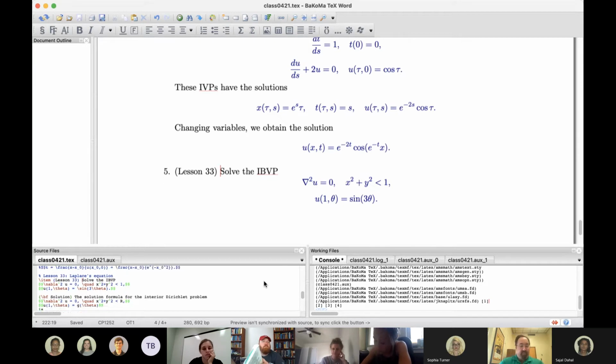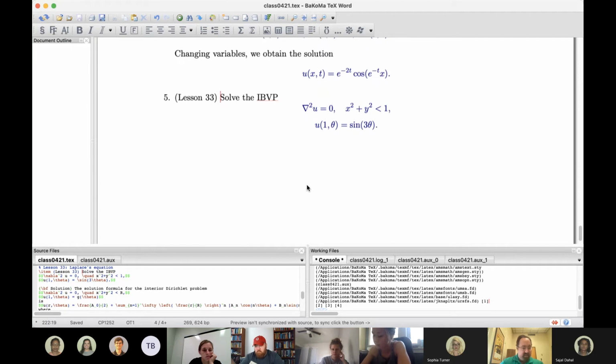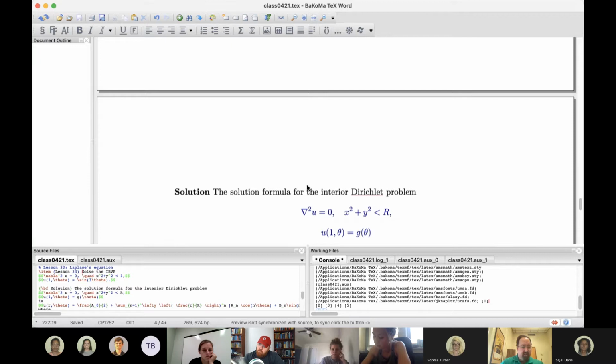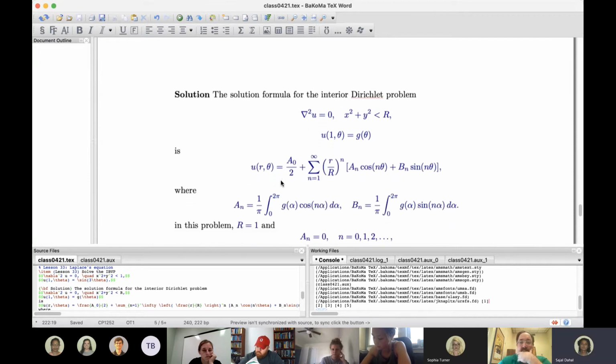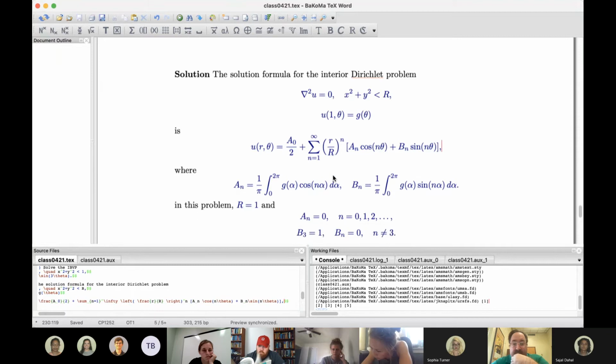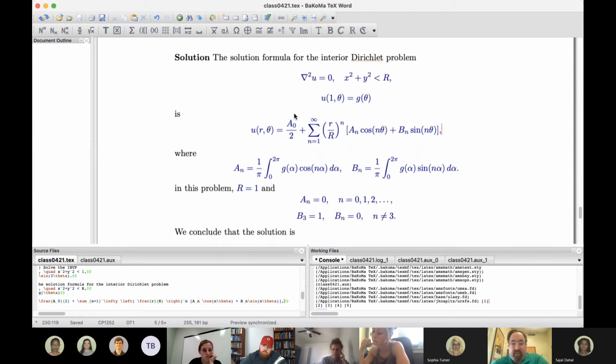And for this problem, this is the general solution formula on a disk of radius capital R, which would be 1 in this case. And then you get the coefficients A_n and B_n based on the boundary data.